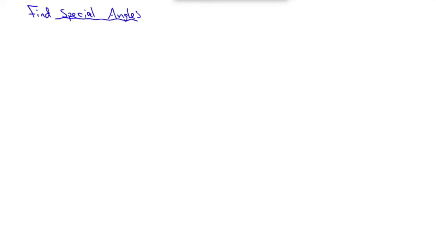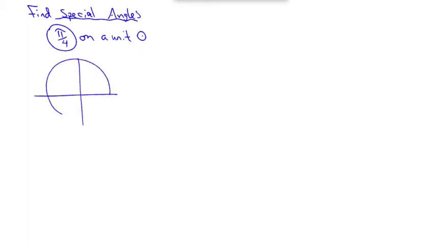Special angles. For instance, pi over 4 on a unit circle. There's a couple different ways of doing it. If I draw my unit circle, and this is (1, 0), where would pi over 4 be in this really badly drawn picture?